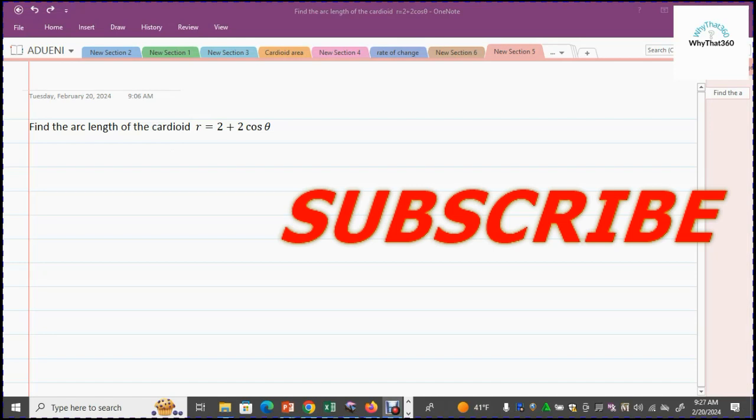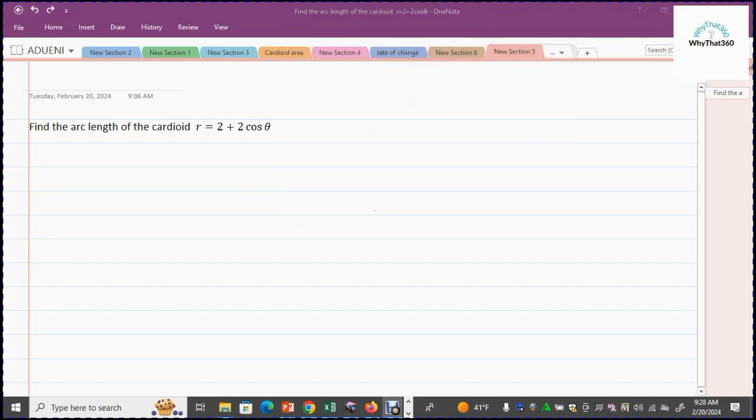We have a question here which wants us to find the arc length of a cardioid given by the parametric equation r is equal to 2 plus 2 cos theta.